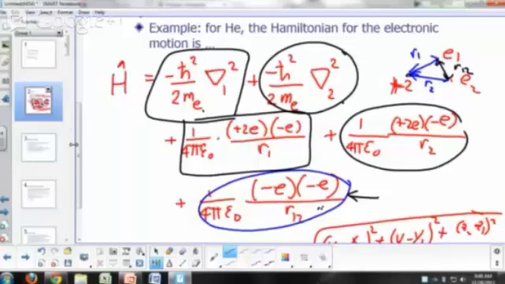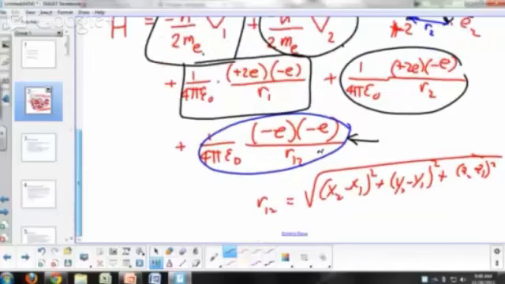Okay. Now, from here on, we're going to start using atomic units to make things easier and faster to write.